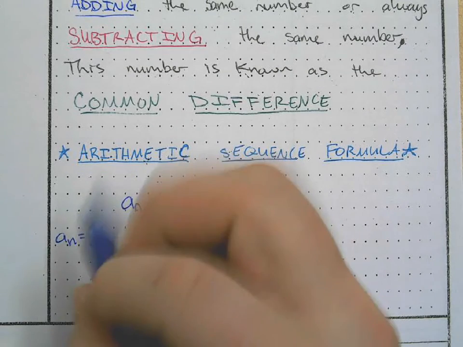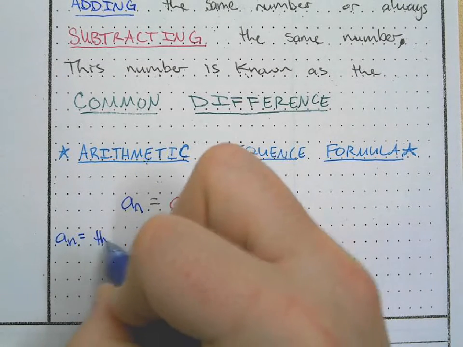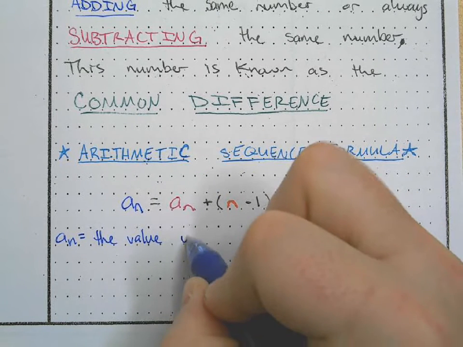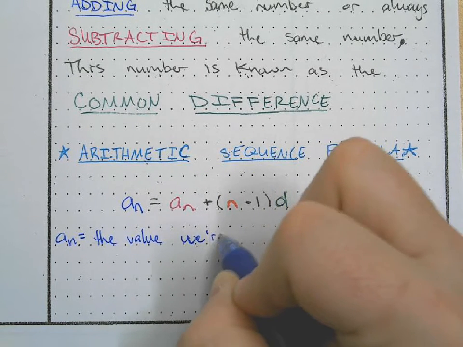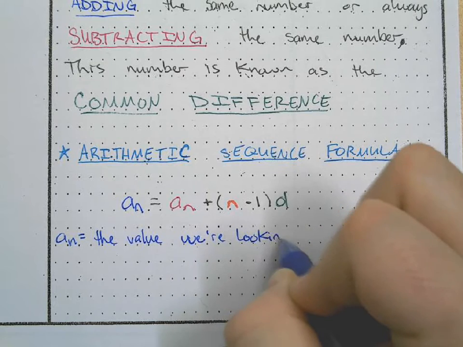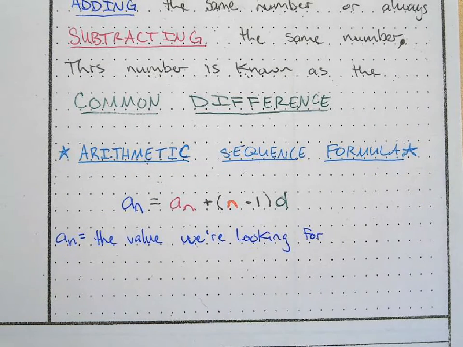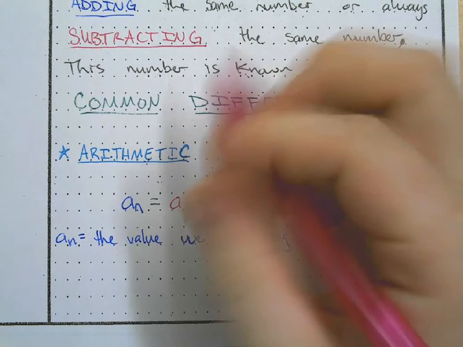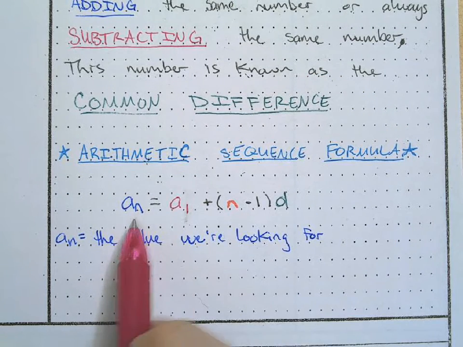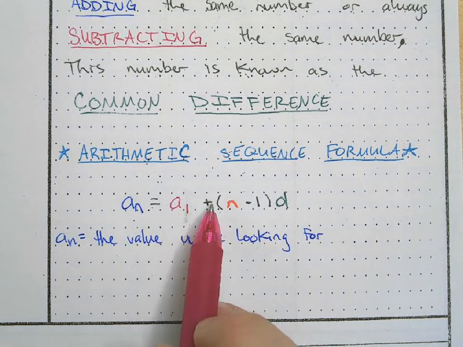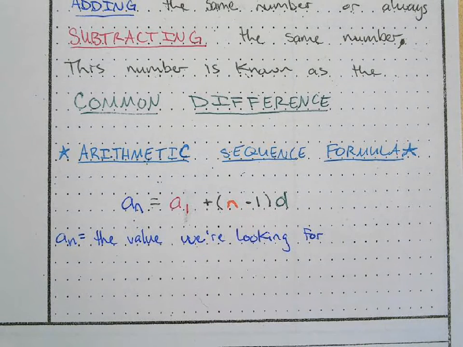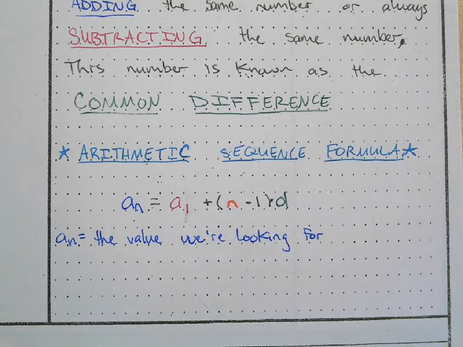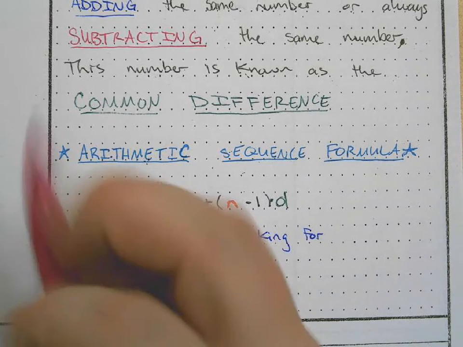So a sub n equals a sub 1 plus n minus 1 times the common difference. It's times right there.